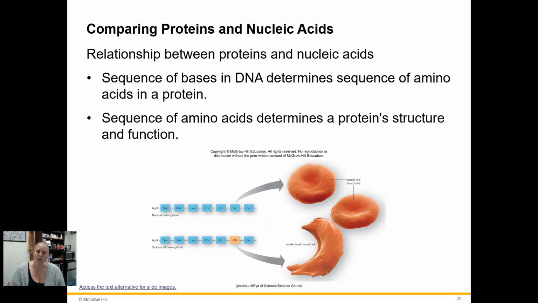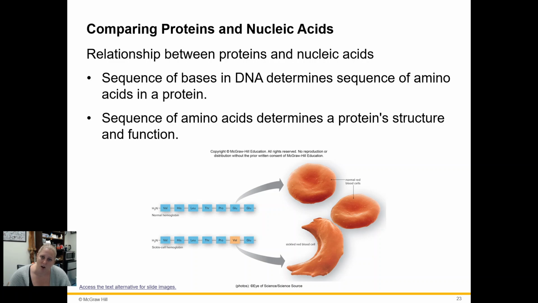So proteins and nucleic acids are closely linked. They have a relationship. Your DNA determines the sequence of the amino acids in a protein. And so that sequence is determining what that protein does. And so the DNA being accurately read and used to build the proteins that, as we talked about, do a lot of stuff within your cells in your body is really important.